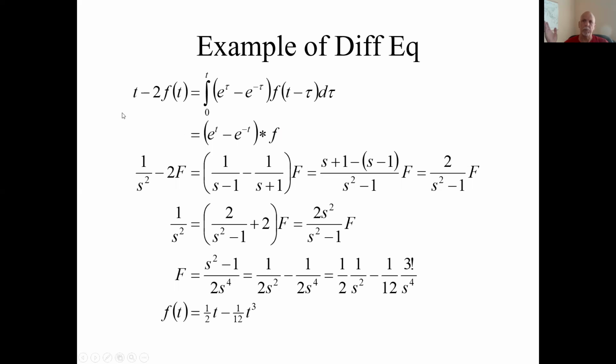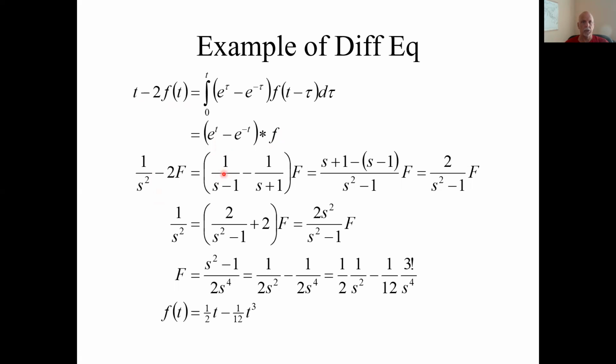So now like before, I take the Laplace transform of every term, term by term. Laplace transform of t is 1 over s squared. Laplace transform of little f, we'll just call it big F, whatever that is. Laplace transform of the convolution is a multiple of the Laplace transforms.